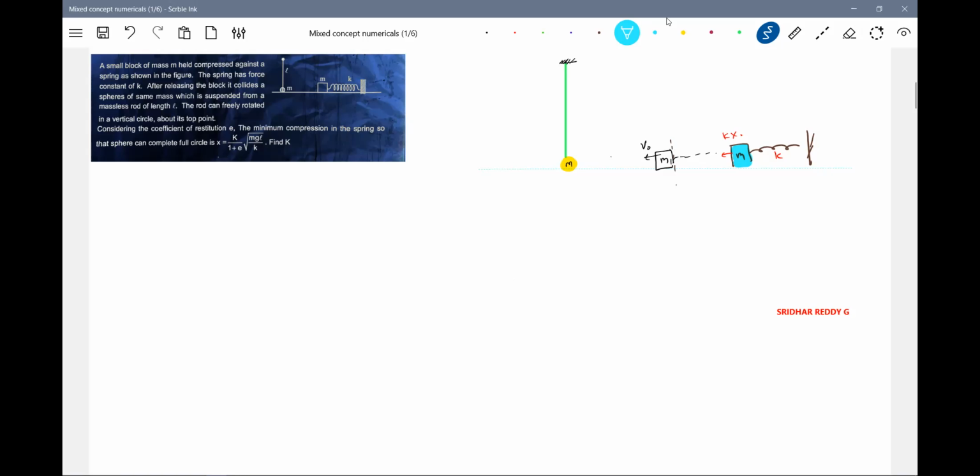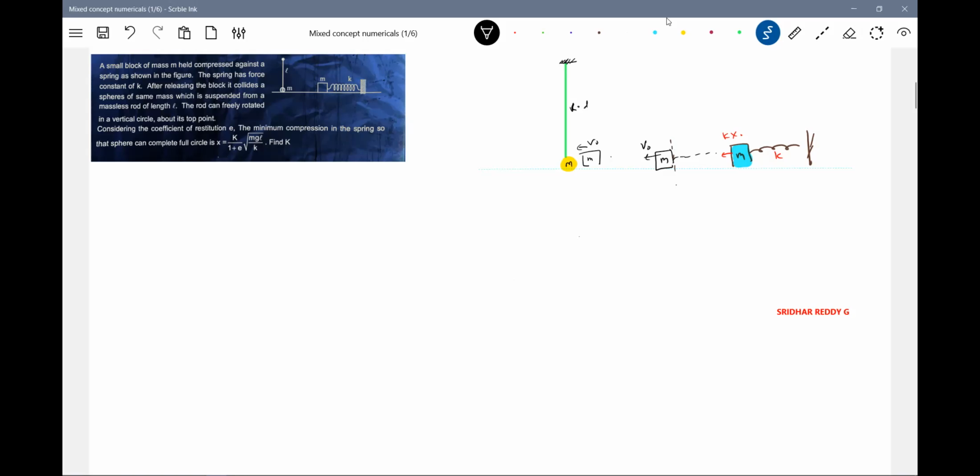After some time, the block will come and collide. What it does is impart that momentum to the rod, and the rod will acquire that velocity and it will swing. The coefficient of restitution e is given. So what are the conditions? Both have the same mass M.